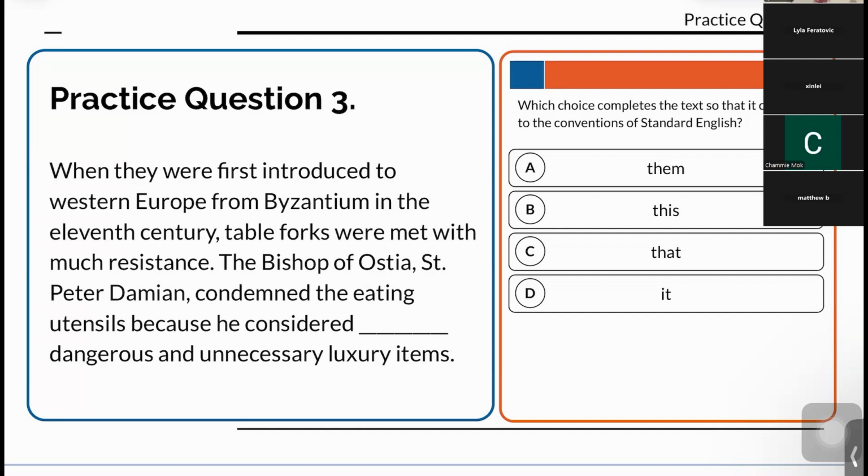All right, cool. I saw a good number of A's in the chat. So in this situation, A is the correct answer. How do we know that? We're trying to figure out what our pronoun is replacing here. He considered blank dangerous. If it's more useful for your thought process, you can just fill in nouns throughout the sentence into that blank and see if the sentence makes sense there.